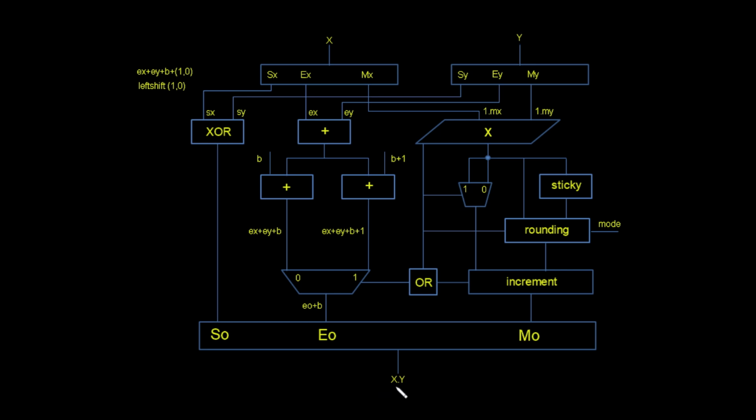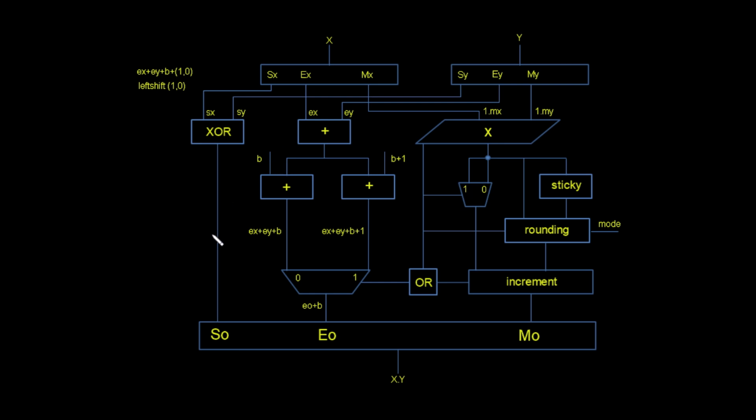And the output at the bottom here will be x times y. So we have to split both numbers up into the sign, the exponent and the mantissa. We do that in this block here and in this block. And that gives us access to the sign, exponent and mantissa for both x and y.